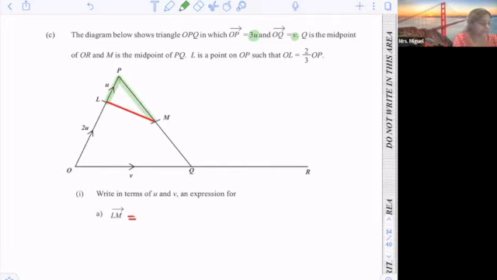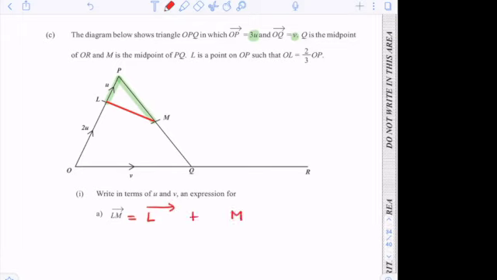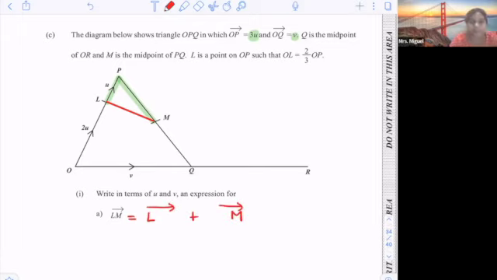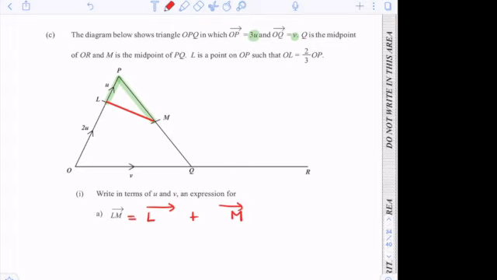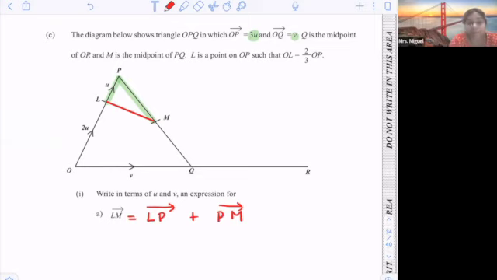We know the start must be L and the end must be M. So the two vectors are L to P, and then P to M. The vector in the middle, P, is the common point. We know LP is equal to u. We have to find PM now.